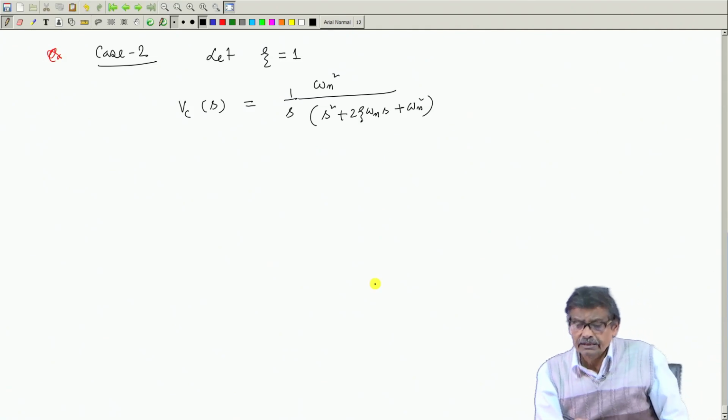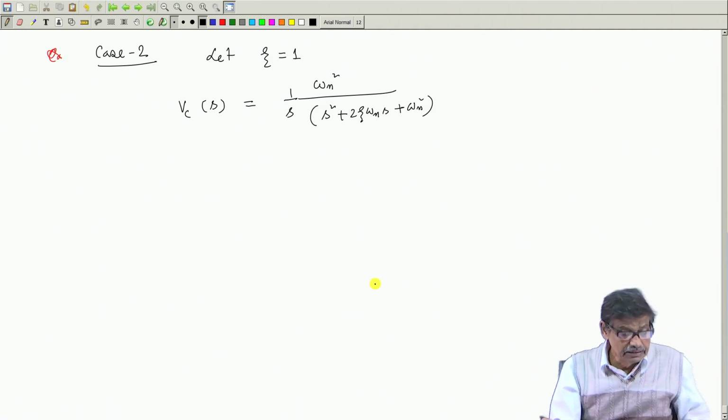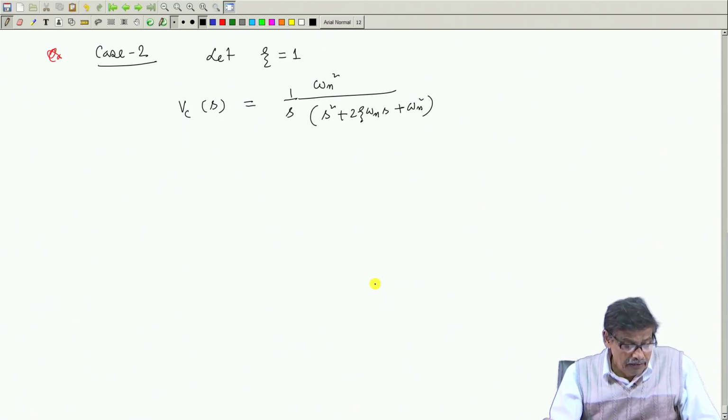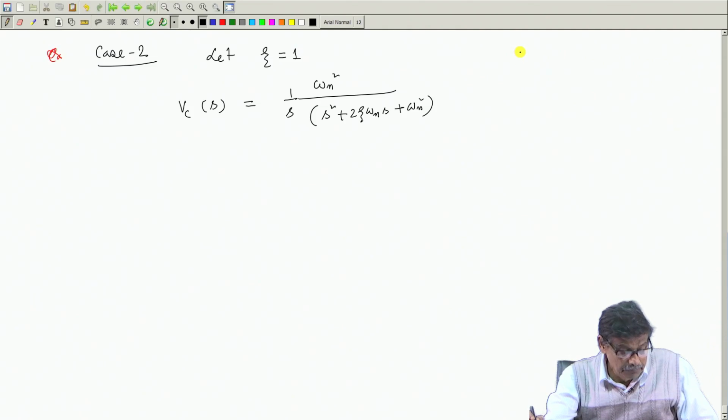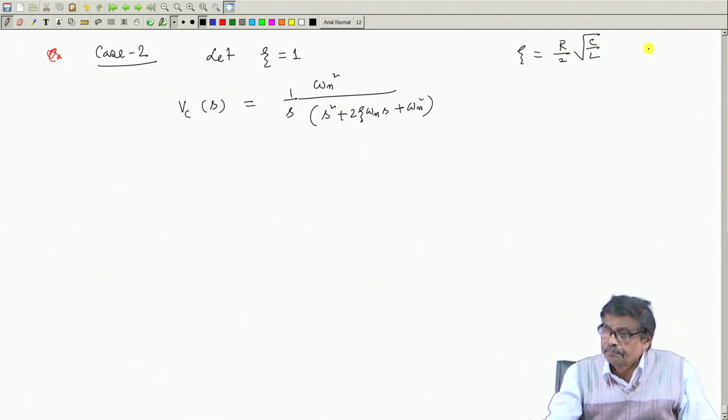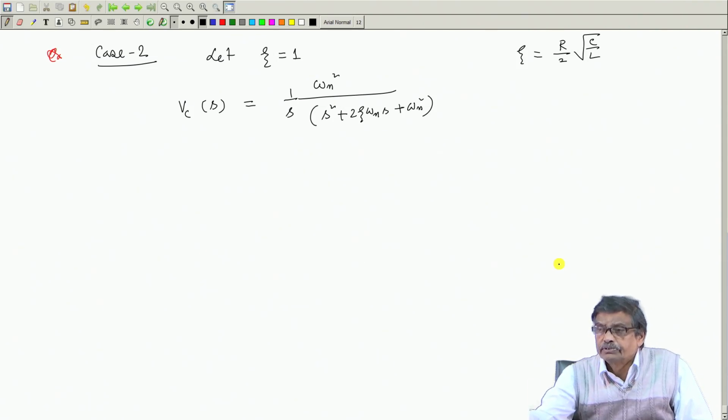So, same circuit, zeta 1. Zeta is what, once again do not forget, zeta is equal to R by 2 into root over C by L. So, I can choose values of C and L, and R, such that this product becomes equal to 1.